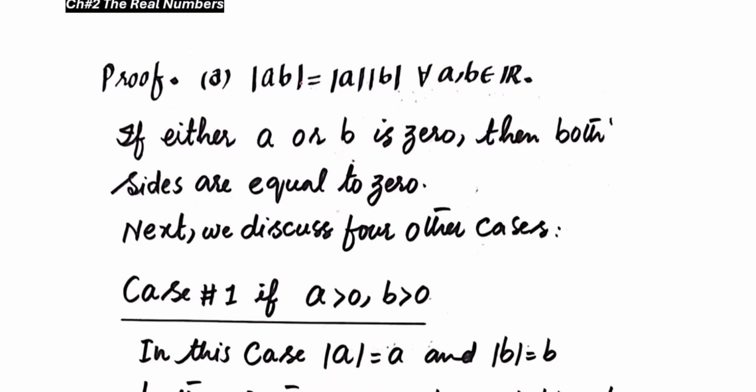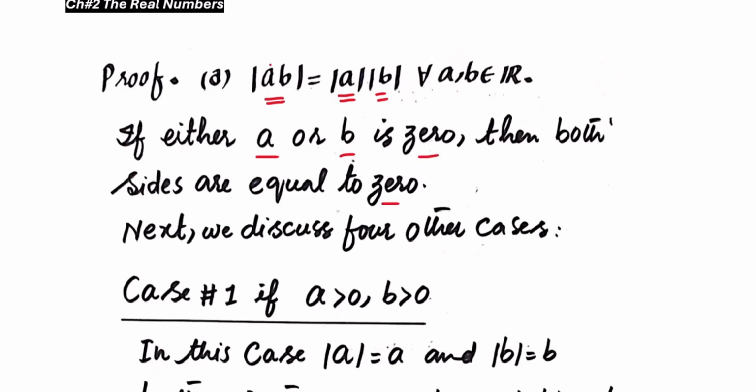In the first part, we have to show the absolute of AB is equal to absolute of A into absolute of B. So here there are two possibilities. It is possible that A and B both, or one of them, is 0, or they are non-zero. This is the first case. If either A or B, one of them is 0, then both of the sides are equal to 0.